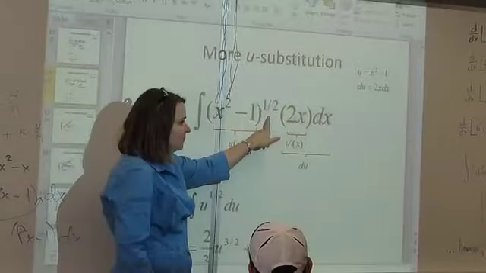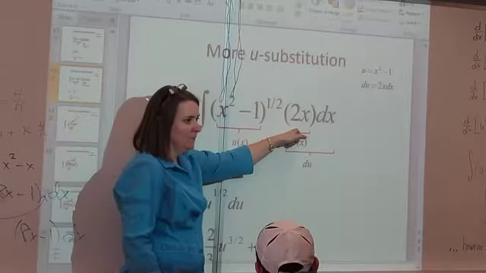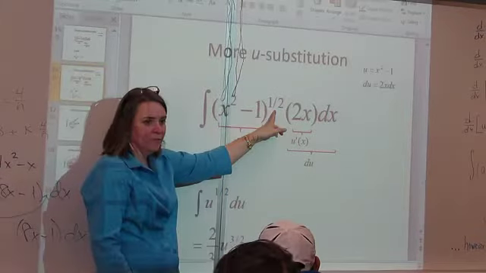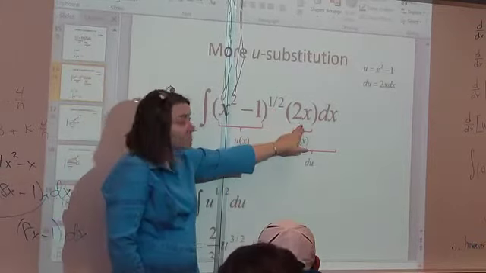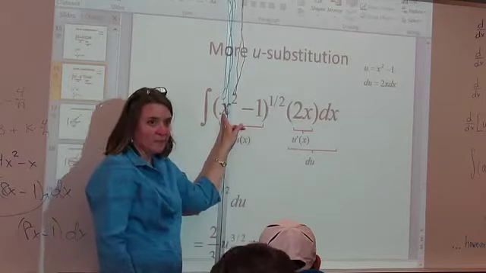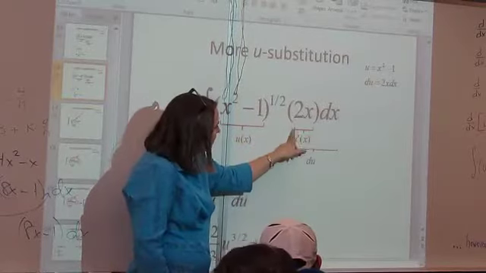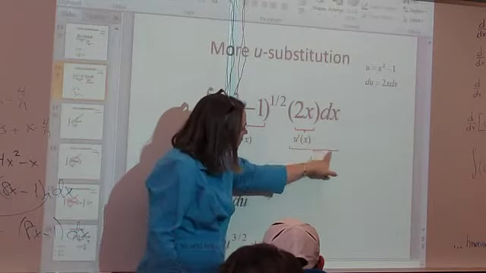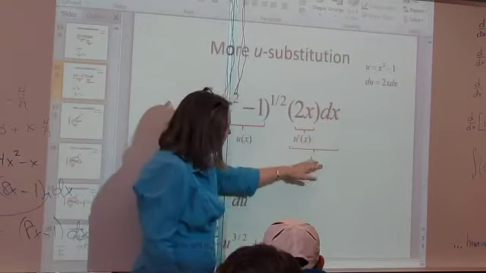Product. Is there hope? Yeah. So we call this u to the 1/2. And is this du? 2x. We're lucky we've got the 2. So we don't just substitute the 2x. We want to think of this product as the new du.